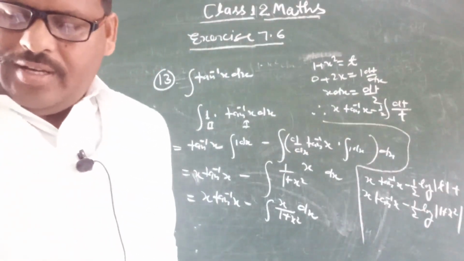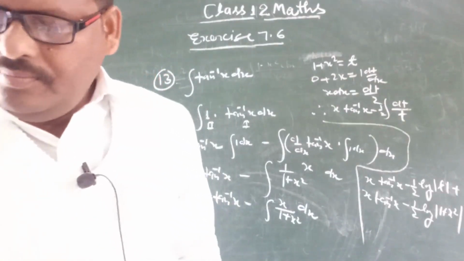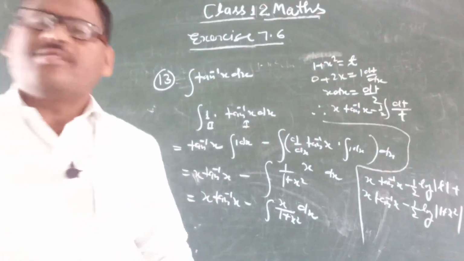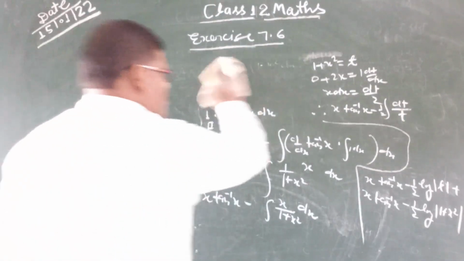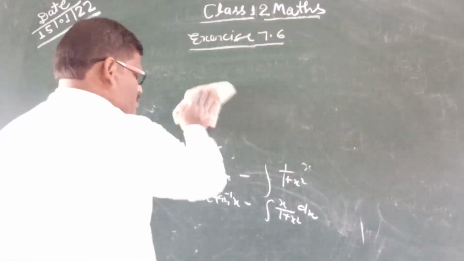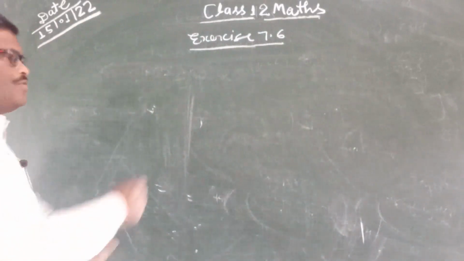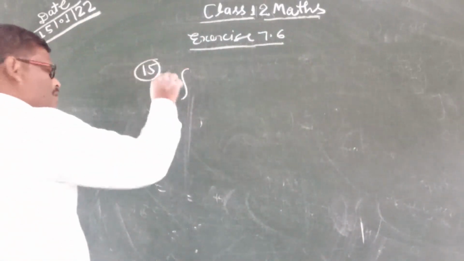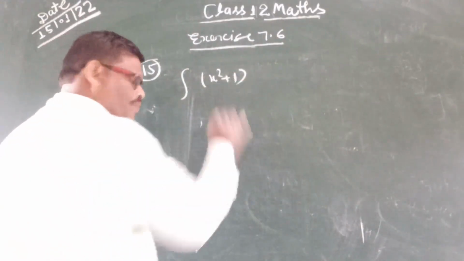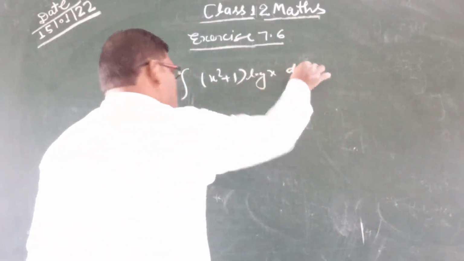That is the required solution corresponding to question number 13. Now x log x whole square is question number 14, similar to 13, and question 15 is integration of x square plus 1 times log x dx.